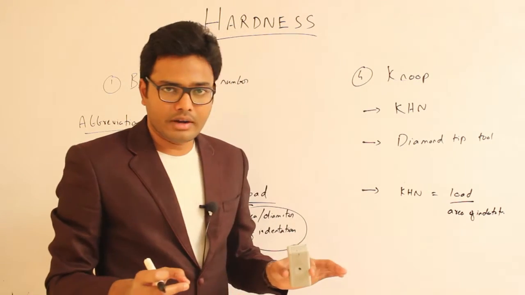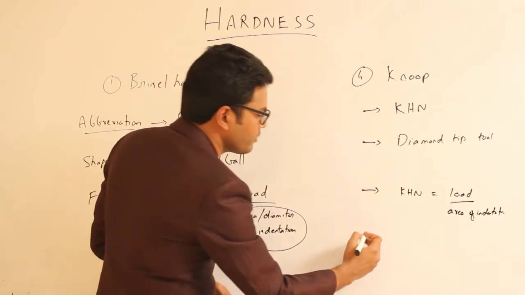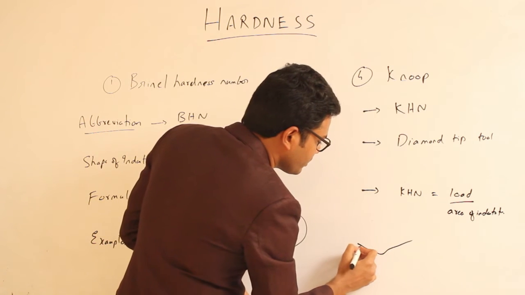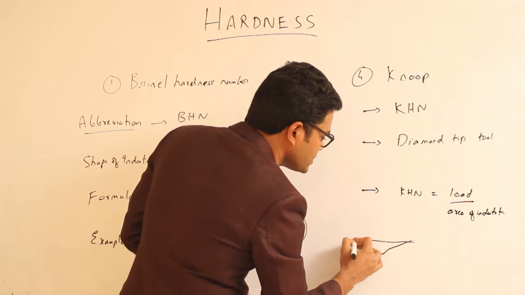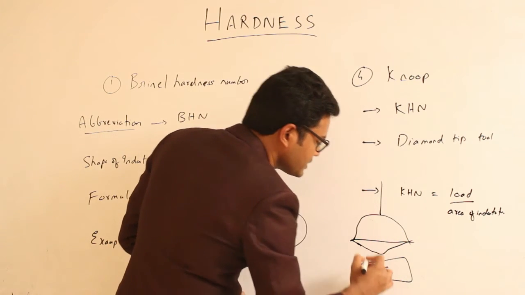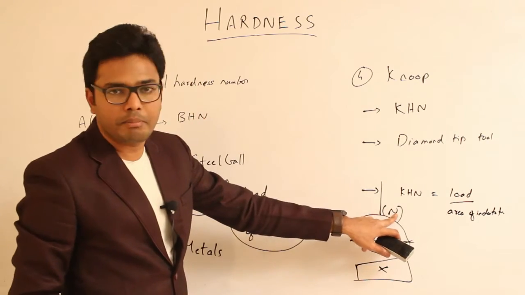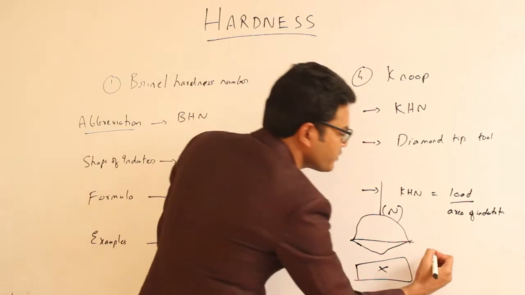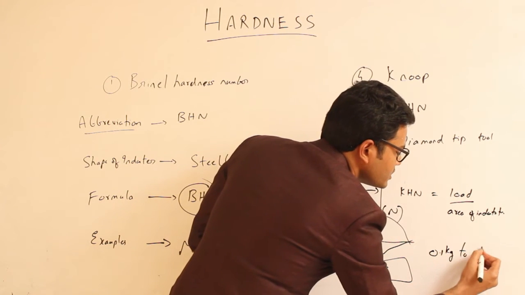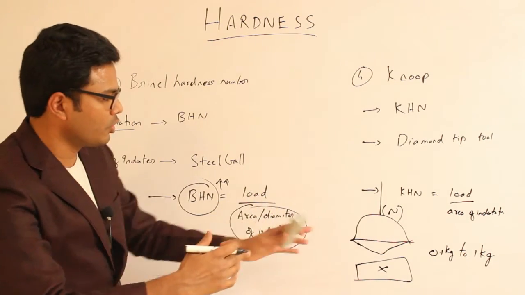And most importantly, the load which we apply in Knoop hardness, as I mentioned earlier, a diamond tip tool of specific dimension will be applied on a material, that is X, using a specified load. So the load which we apply in Knoop hardness varies from 0.1 kg to 1 kg. So we can see a lot of variation in the load.